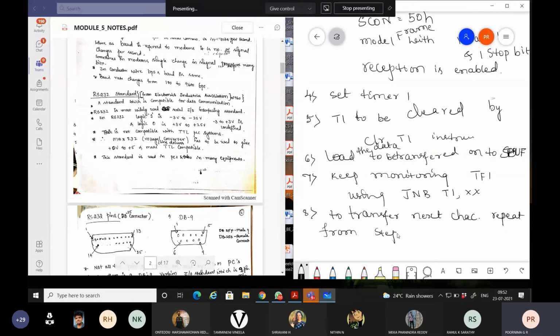So these are the 8 different steps you need to follow whenever you go for serial communication. Students, I think I'll be stopping at this point.